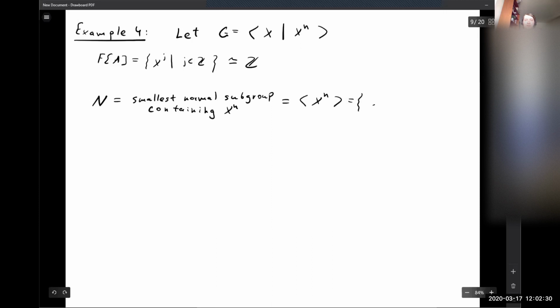So this is the set of all powers x to the nk, where k belongs to the integers. Sometimes it's denoted as nZ. Okay, so what we will get is F of A quotient by N.